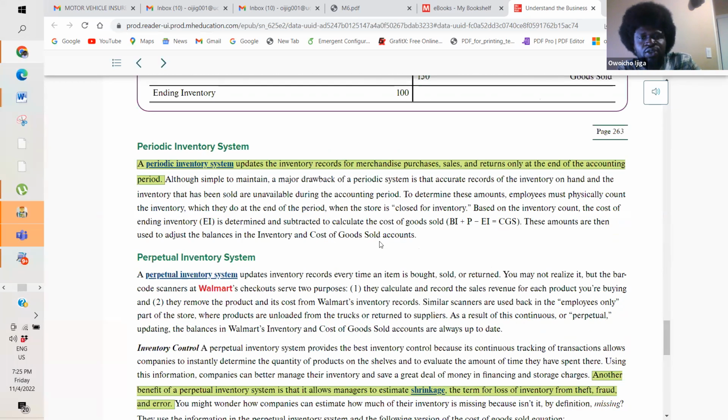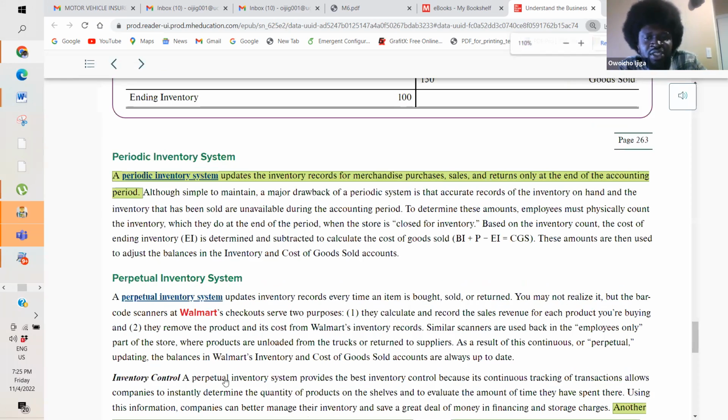You can read more about the periodic inventory system and the perpetual inventory system here. A periodic inventory system updates the inventory record for merchandise purchases, sales, and returns only at the end of the accounting period. It has a problem because it cannot detect missing inventories that could arise due to fraud, theft, or miscalculations or errors.